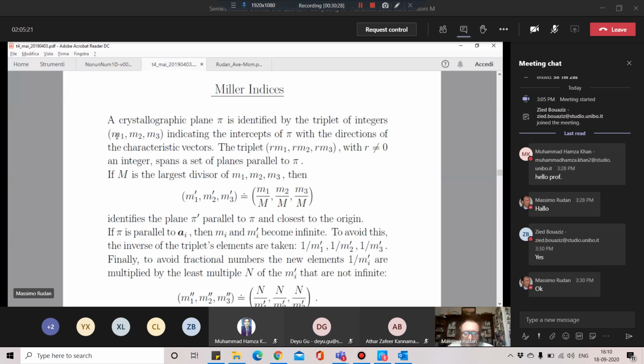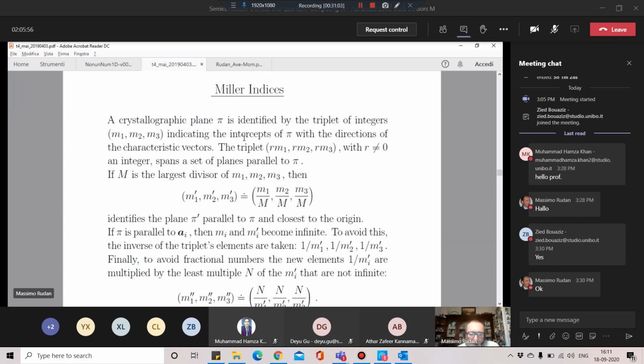You remember from geometry that if you multiply m1, m2, m3 by a number R that is non-zero, you obtain another plane that is parallel to the original one, okay? So by changing this parameter R, you find a whole family of crystal planes, all parallel to each other, okay?